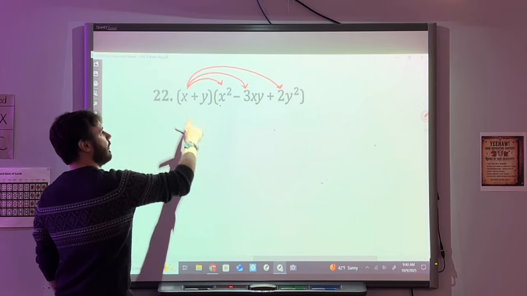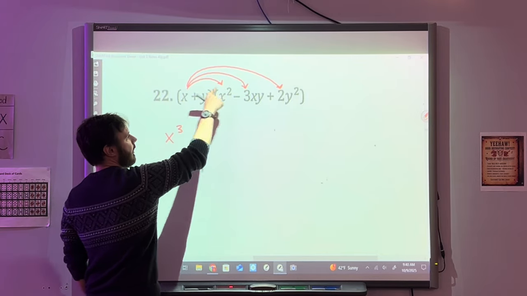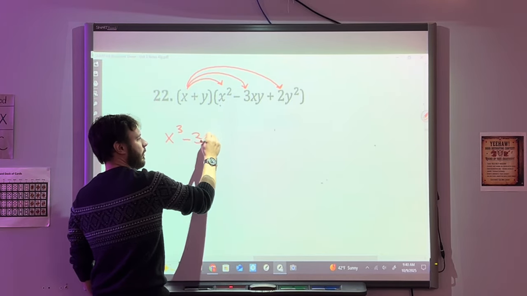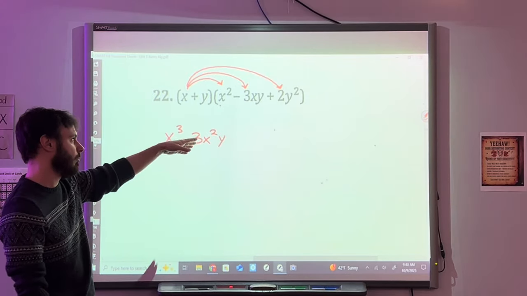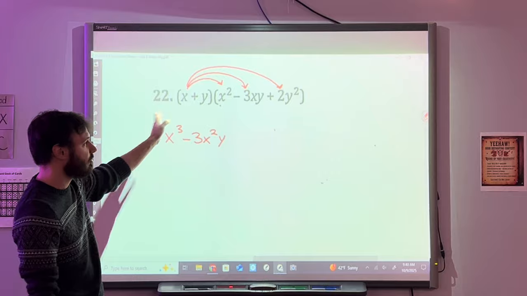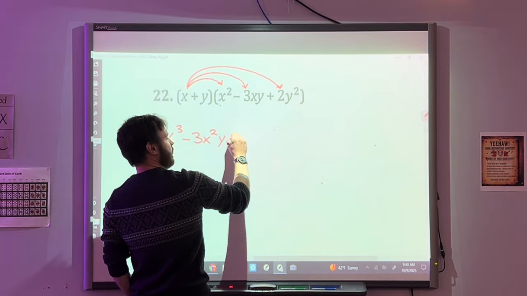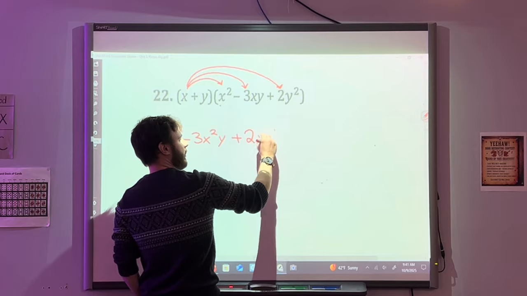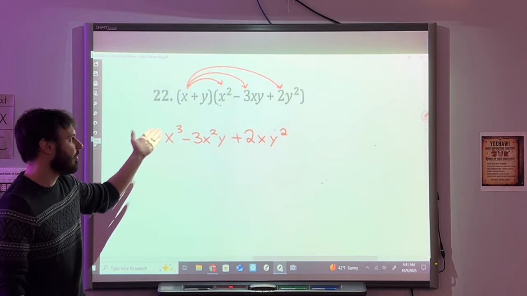I'm gonna write that. X times x squared is x cubed. X times this term. Okay, just combine. An x already exists, so slap another one on there. And then x times this, well, it doesn't have an x, so it's gonna get 1. Okay. Really all we did is give everything in here 1 more x.